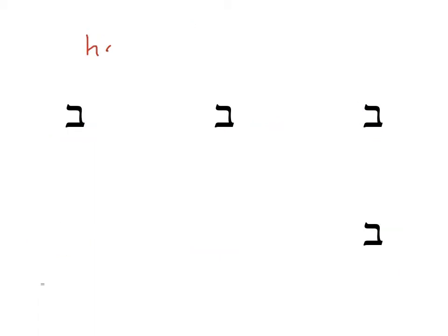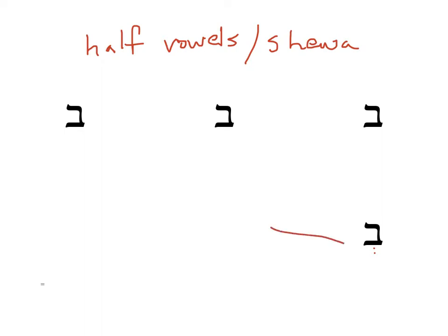Next, we need to talk about half vowels. And these are very short vowels. Also, these are all Schwa vowels. Now, the Schwa itself is just these two dots directly underneath of a consonant. And there's two kinds of Schwas.